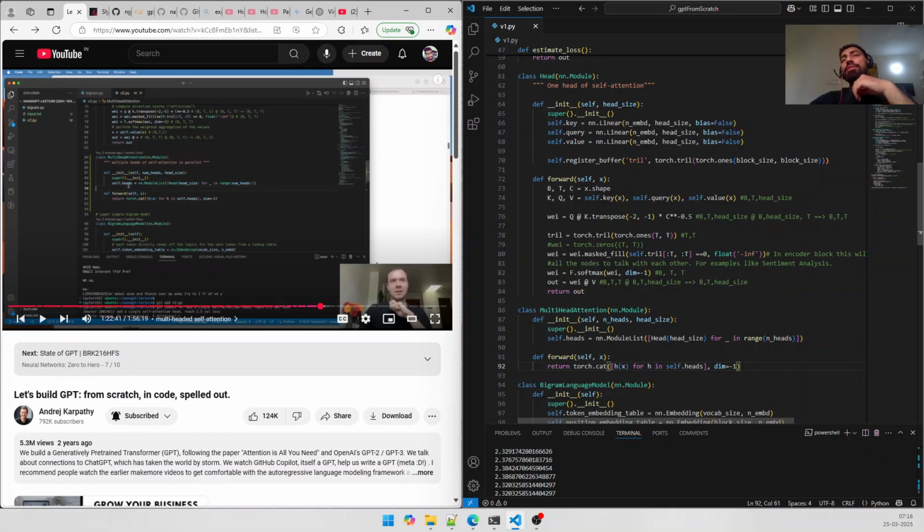When we do a head of X, we are getting BT head size, BT head size, BT head size. So from each of the heads we are getting BT head size, and concatenate across the minus one. I think then it will be BT, head size into a number of heads.